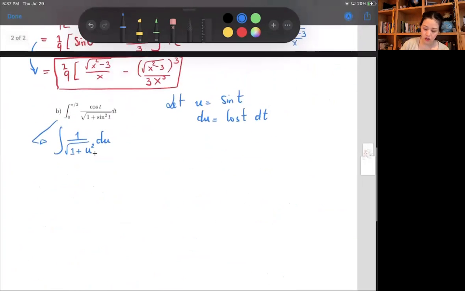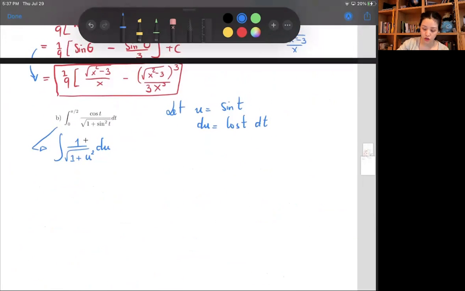Since a is 1, I'm just going to write tangent theta. So du is secant squared theta d theta.